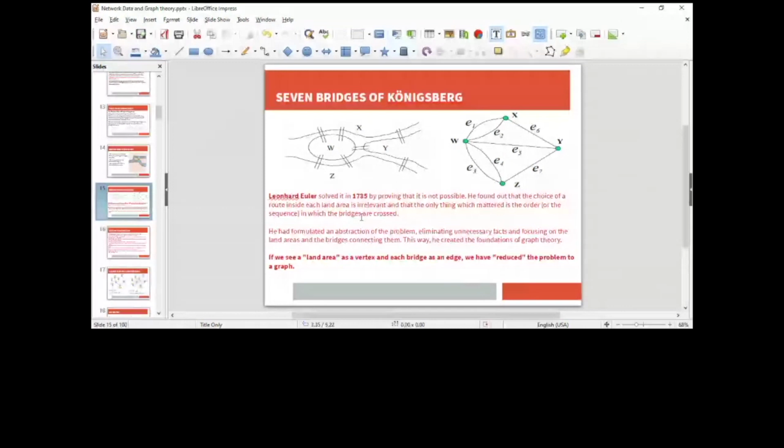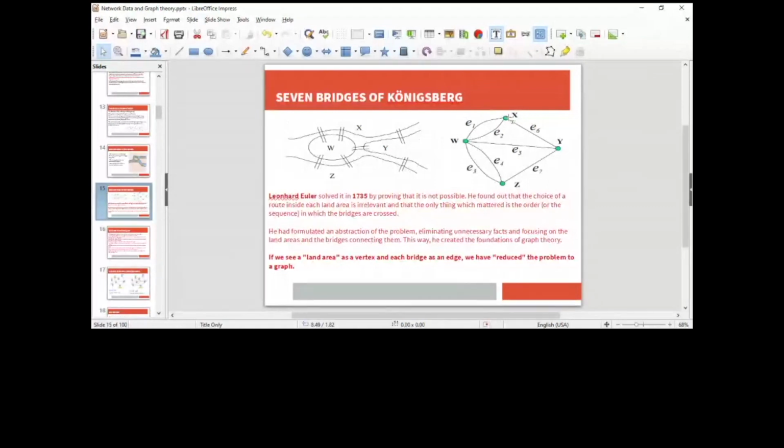The solution wasn't really about following the rules of going through the bridges once, but about the best way to go through all these locations. So he moved, let's say, from X to W, which formed route 1, and he went back into X.